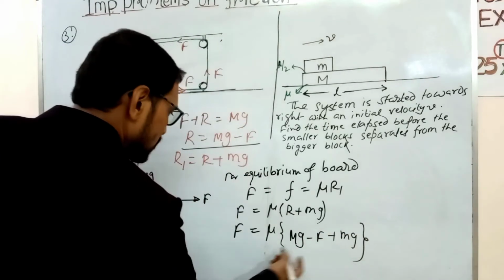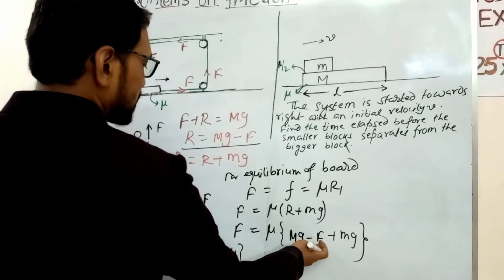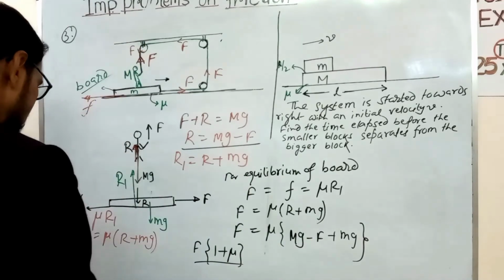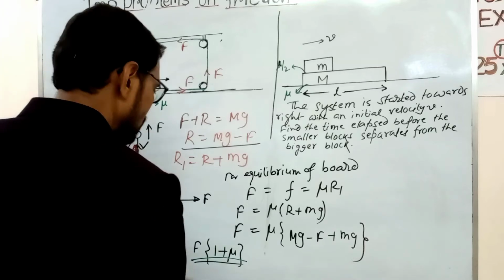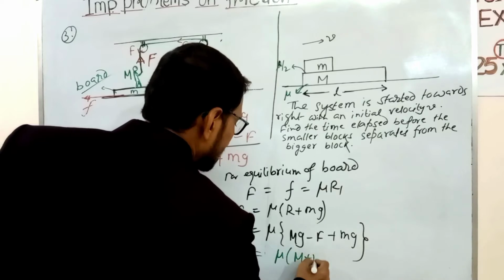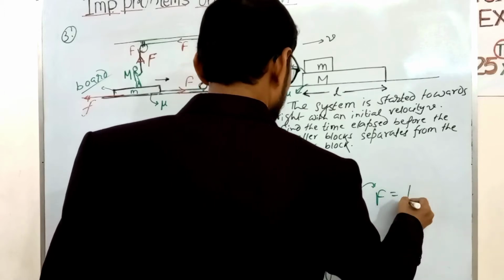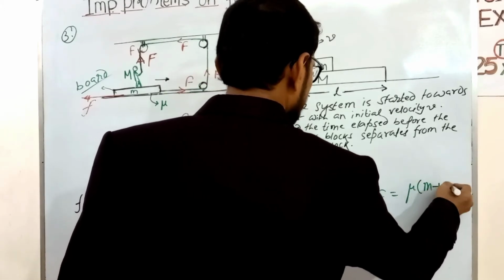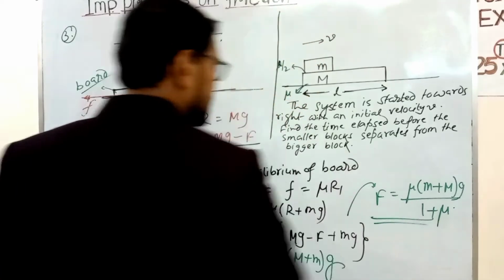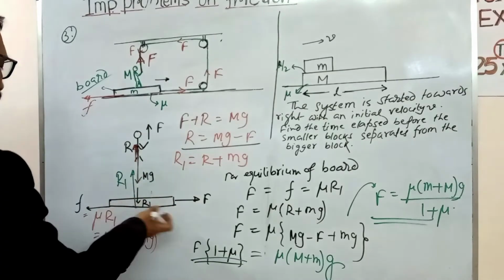From this we get F. Shift mu F to this side, so F times 1 plus mu equals mu into (M plus m) into g. So F equals mu into (M plus m) into g divided by 1 plus mu. So this is the answer. This is the maximum force. If we exert this, then the board does not slip.